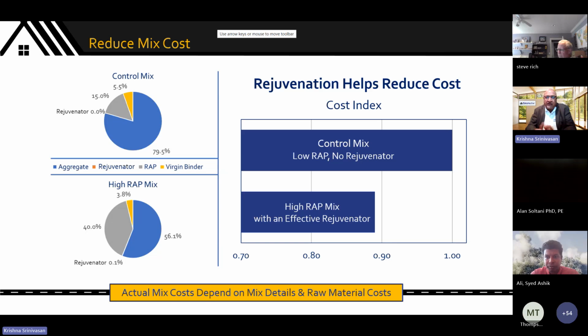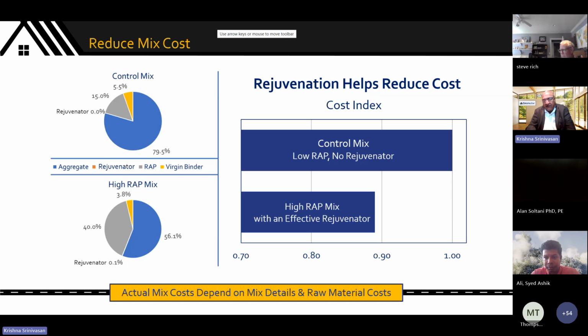Here we're looking at two mixes, a control mix with 15% RAP and no rejuvenator. You tot up all the costs. It has, obviously, 5.5% virgin binder. You tot up all the costs and you create a cost index. Let's call that 1. Next, you look at a high RAP mix, 40% RAP with about 0.1% by weight of rejuvenator and 3.8% of virgin binder. You tot up all the costs.